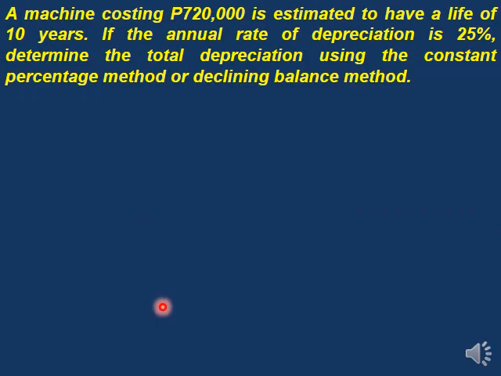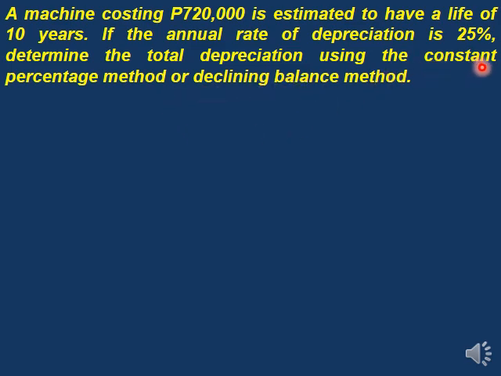Okay, let's proceed. A machine costing 720,000 pesos is estimated to have a life of 10 years. If the annual rate of depreciation is 25%, determine the total depreciation using the constant percentage method or declining balance method.